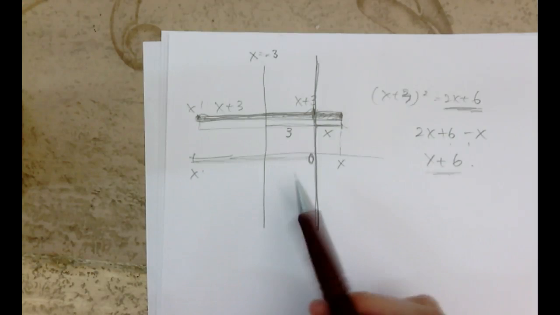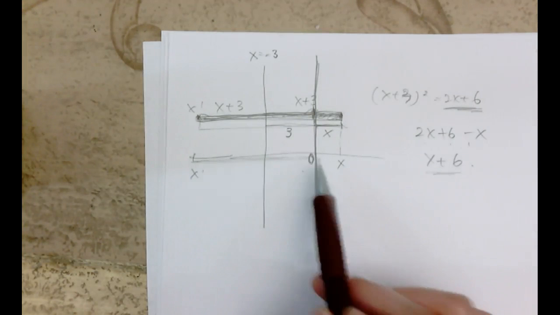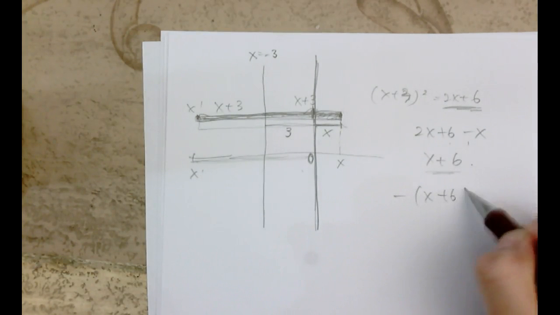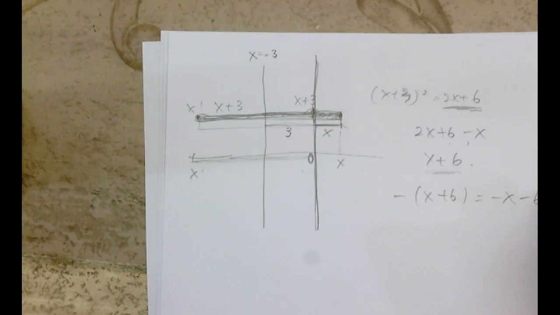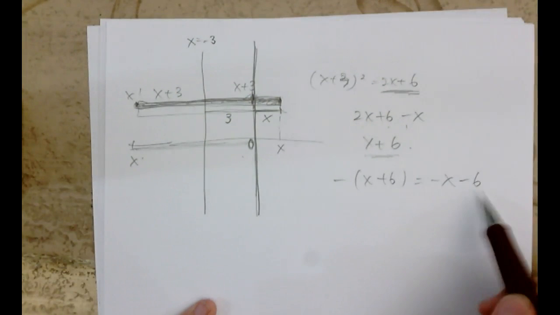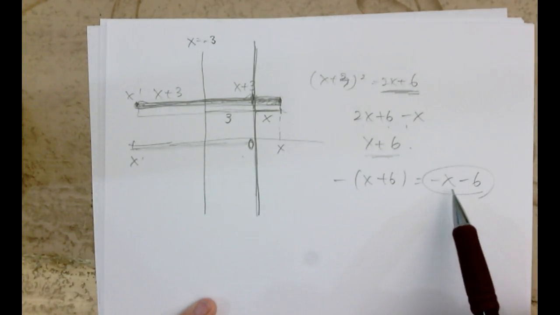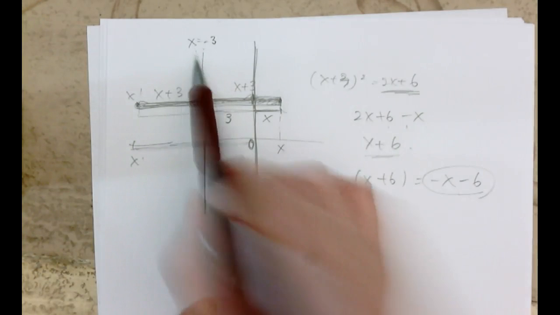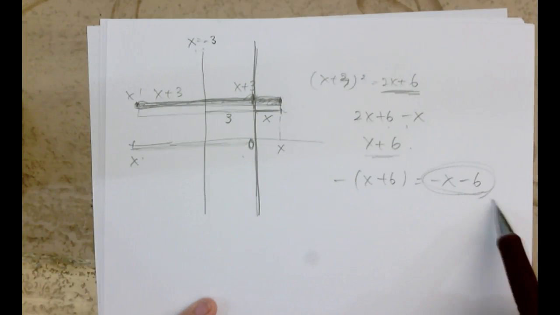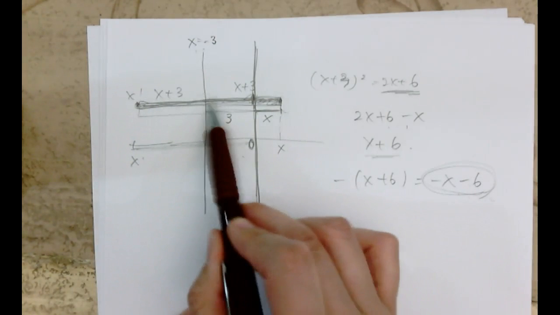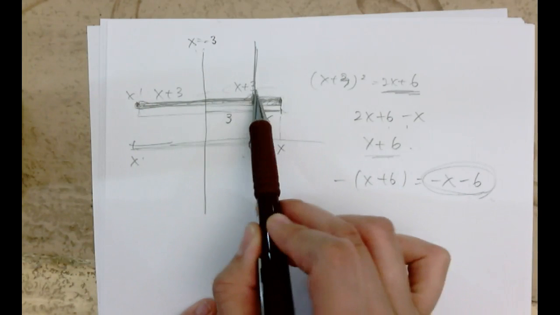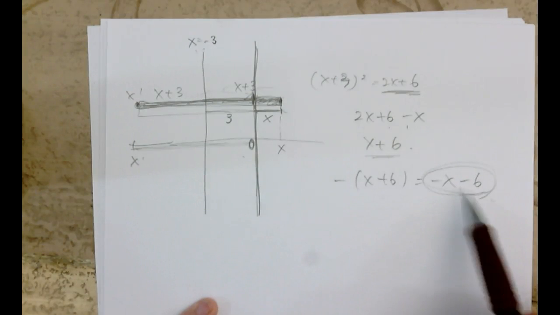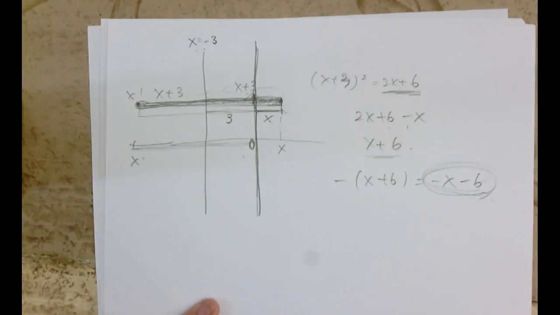But we want to turn this into a coordinate, and this side of 0 is negative, so you have to put this in negative, which gives you minus x minus 6. And it's still following the formula: negative x plus 2 times the line value, which is minus 6. Again, I'm going to ask you to show the representation on a line, with the distance expressed by the x and the number, and then show this equation, not just the coordinate in the formula.